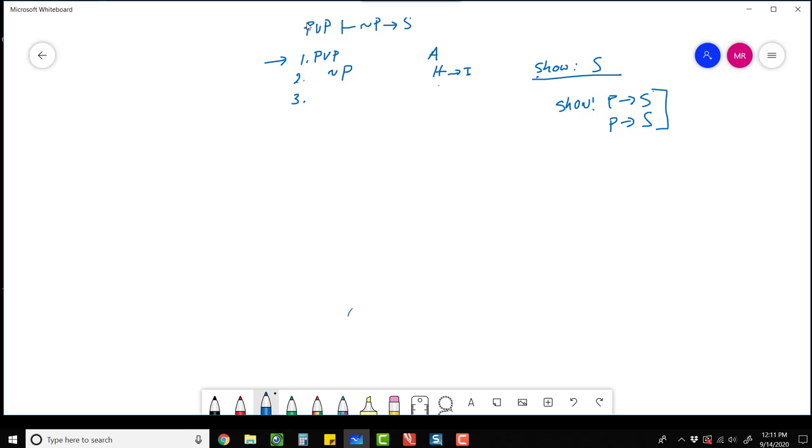Okay. So now what you're going to do is hypothesize P. Now this is not for negation introduction, this is again for conditional introduction, specifically to show this conditional. So you want to show if P then S on the basis of the preceding.